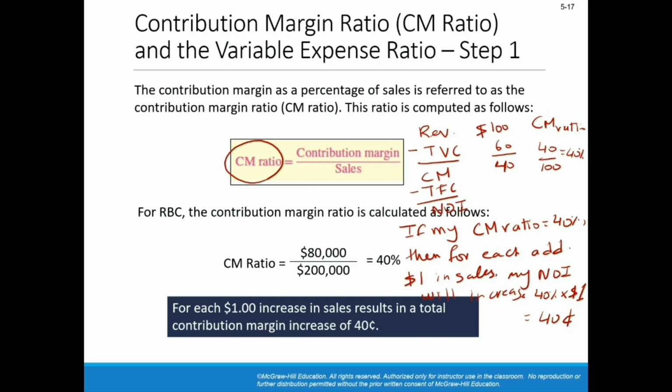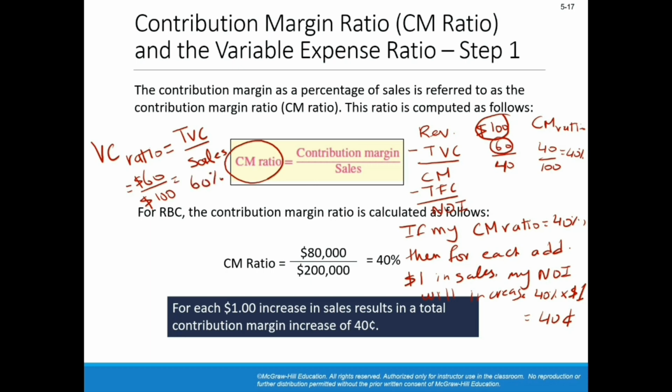I want to introduce one more thing before I move on to the next slide, and it's the variable cost ratio. If the CM ratio is the contribution margin divided by sales, then the variable cost ratio is the total variable cost divided by sales. In my example, the variable cost ratio is $60 divided by $100, which is 60%.